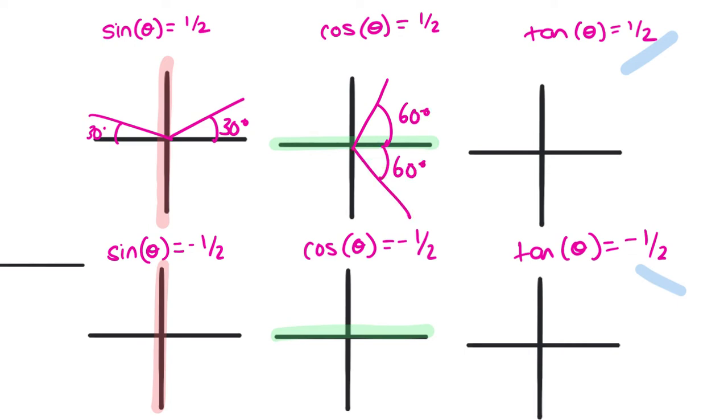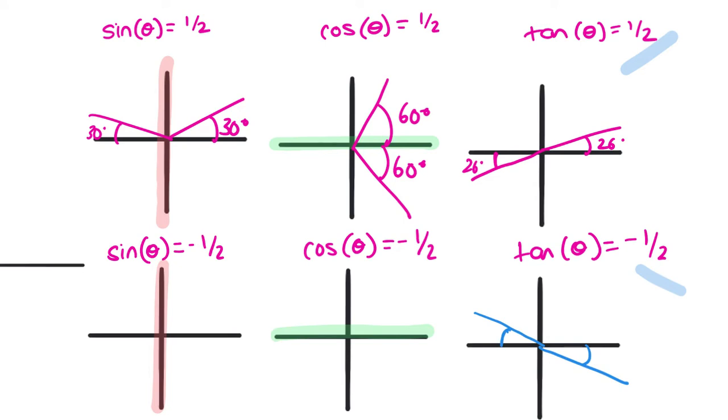And then tan of a half is, in fact, 26 degrees. So I'm going to go here, 26 degrees, and then I'm going to carry that diagonal on, 26 degrees. When we're doing the negative, I'm going to get negative 26 degrees. That's here. And then with tan again, I carry on that diagonal.